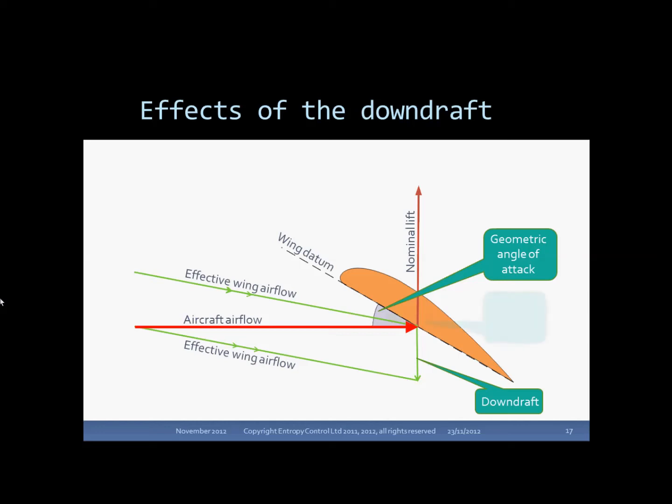What does that do? Well, one of the things it does is that it decreases the angle of attack. The wing is not working with the angle of attack that it looks like geometrically. It's working at a lower angle of attack because of that downdraft. And as we remember, lift is perpendicular to airflow, real airflow this time.